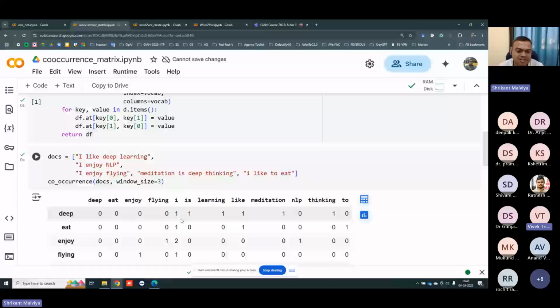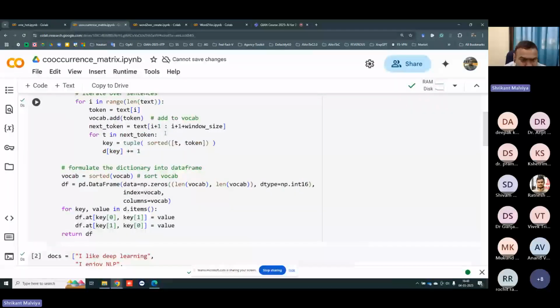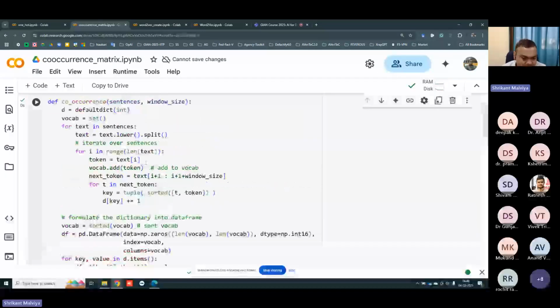Yeah, definitely. When you set the window size to 2, you just have to work around this line. Suppose the current word is I, so it will take up the coming words in the sequence. The coming words means I plus one to I plus window size.